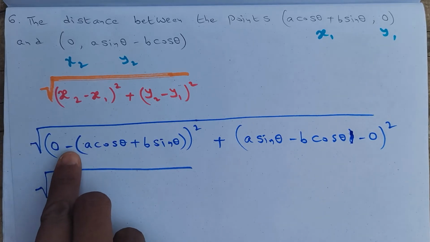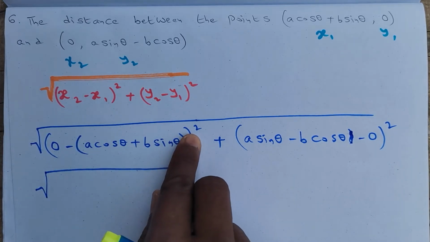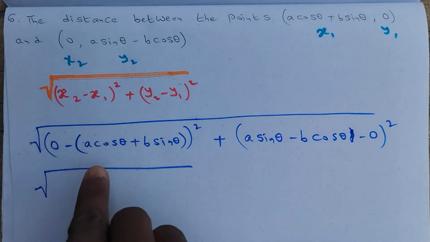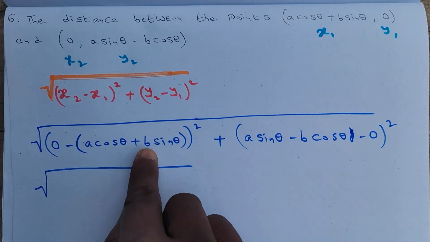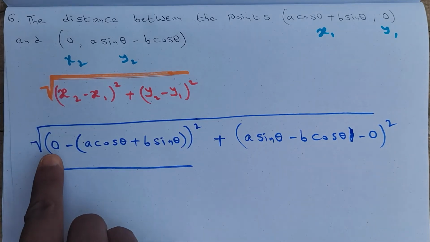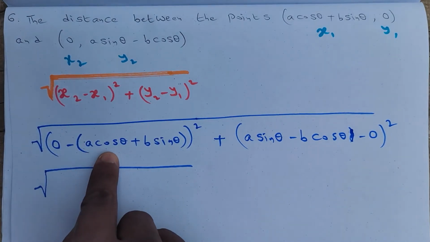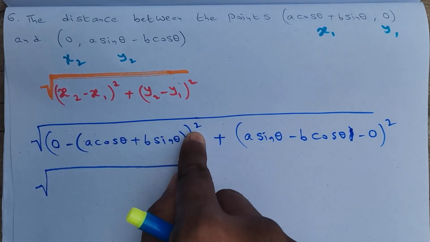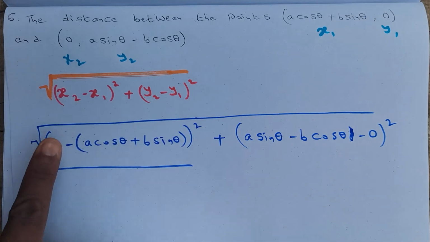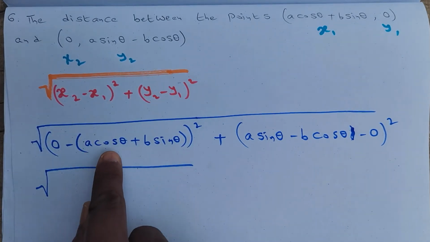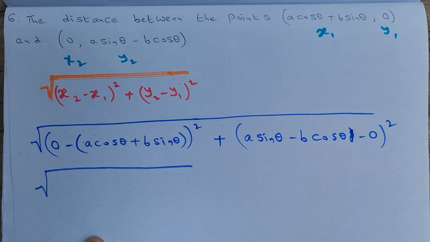Anyway, no problem. For minus, we are doing square, so definitely it will become plus only. So we will get a cos theta plus b sin theta whole square, because 0 minus something is minus something. For minus we have square, so that's why it will become plus. So simply these terms will be neglected. Now a cos theta plus b sin theta whole square.